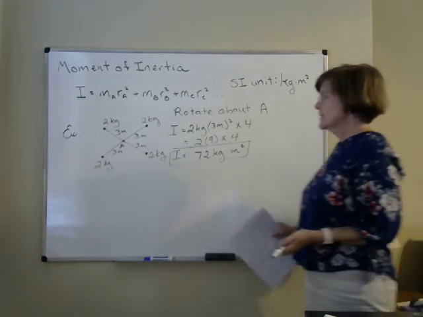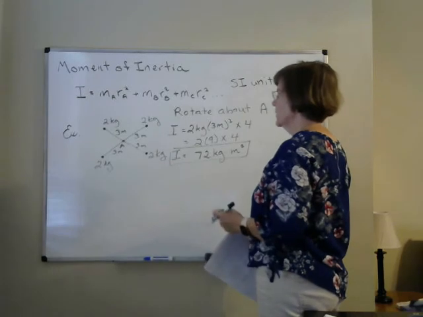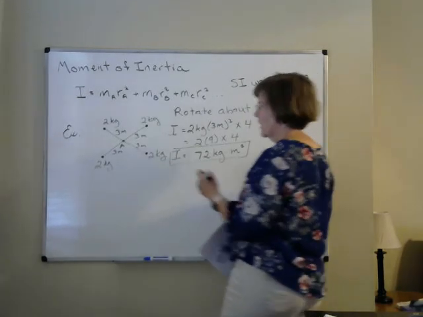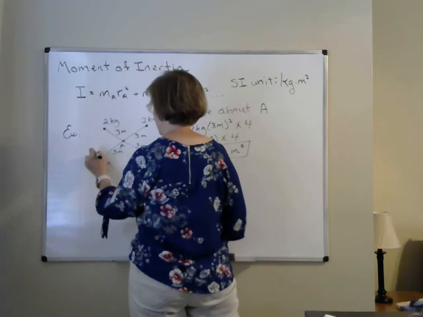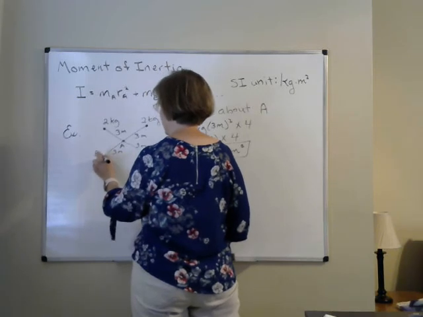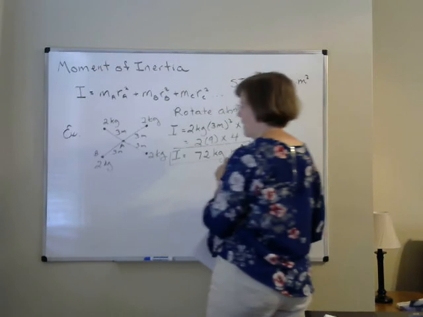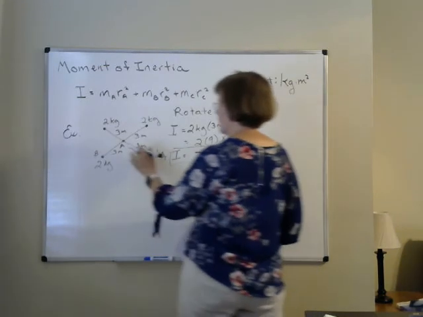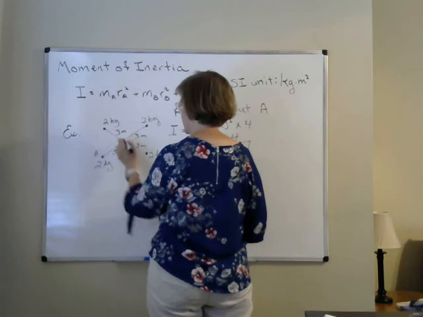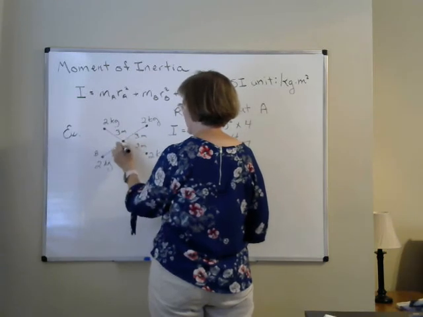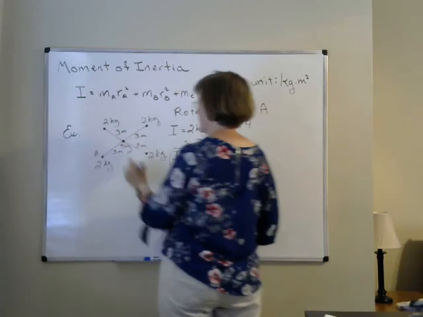There's other points we can rotate about. What if we decide instead we're going to have everything rotate about point B right here? That's point B. And what if I say that this mass, there's a point right here where they're connected, is 5 kilograms, just to be different.